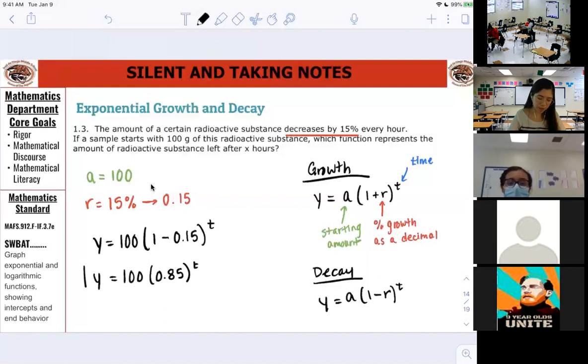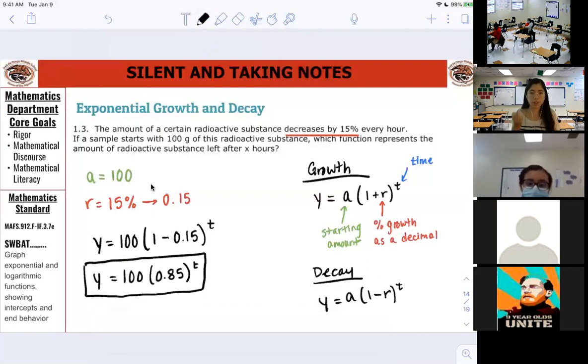There you go. And remember earlier today when Jalen said, wait, hold up. When you multiply by a decimal, you're actually dividing. That's what's happening here. It's multiplying, but it's multiplying by a decimal. So that's telling me that whatever I'm measuring is actually being divided. So it's decreasing, not increasing.